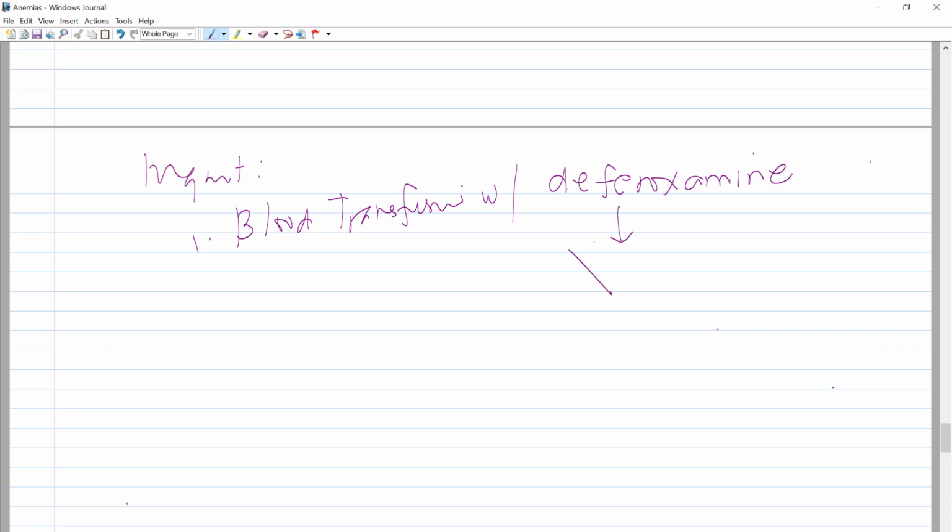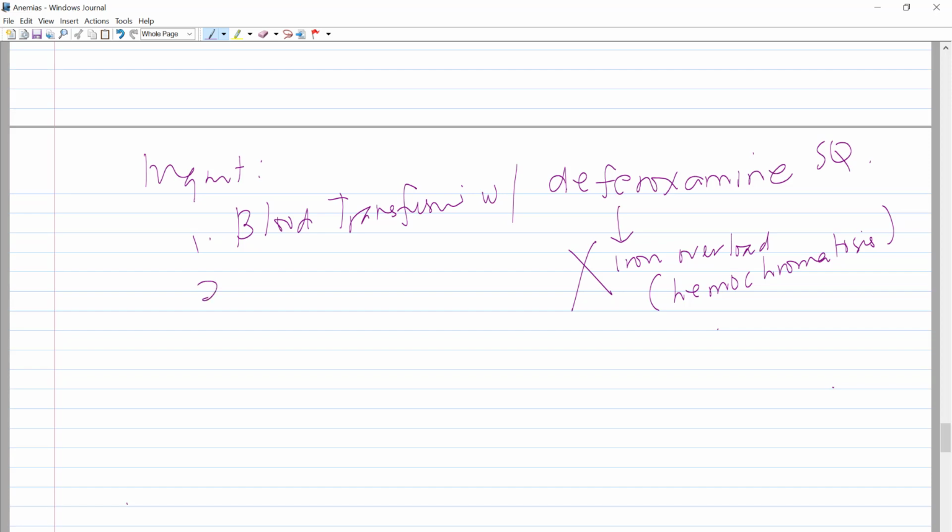Okay, I'll put an X here. It prevents iron overload. Iron overload is also known as hemochromatosis. So we give BT with it, okay? And it's given via sub-Q. Okay, remember, subcutaneous injection.